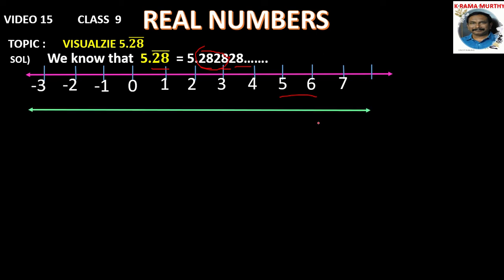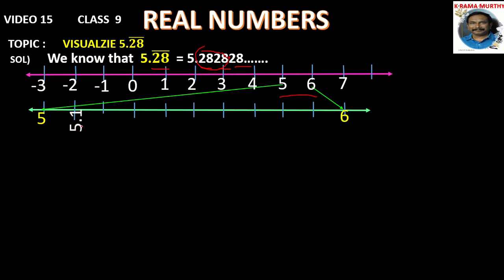Hence draw a line and mark these equal parts on it and magnify the space between 5 and 6. Then we find 5 on one side and 6 on the other side.